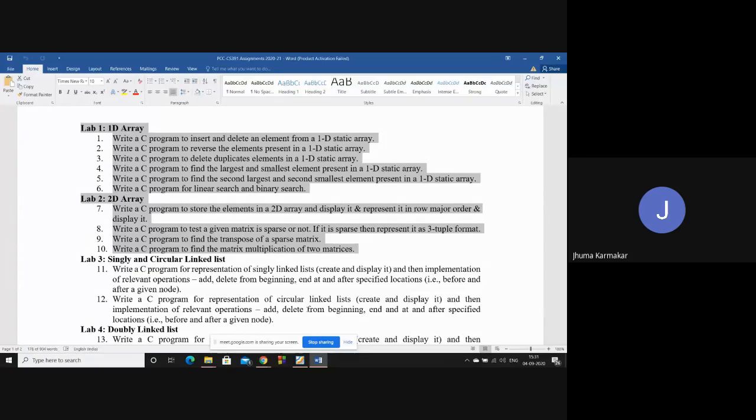If the searching element is less than the mid value, we have to discard the upper half and search the lower half. If the searching element is greater than the mid value, we have to discard the lower half and search the upper half. And if it is equal to the mid value, no problem, element found.